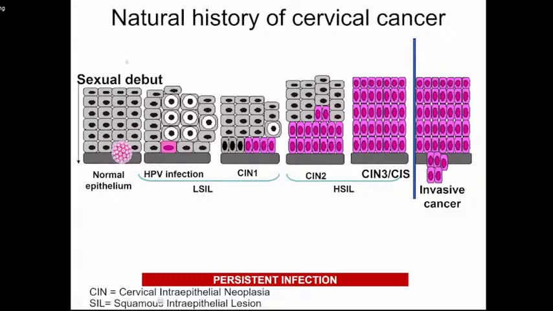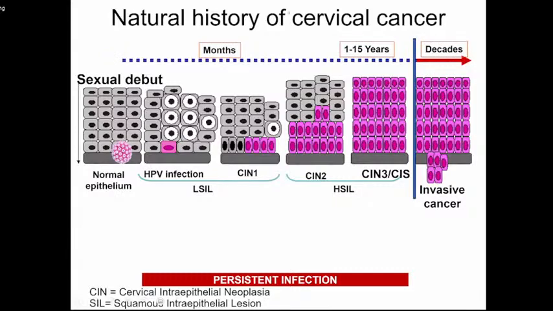Then this process may take anywhere from a few months to years and decades, a couple of decades, as we have seen. But there are many factors that determine how rapid this progression will be, such as immunosuppression and so on, and HPV types. So the majority will regress and the epithelium will recover when the immune system gets rid of the virus.